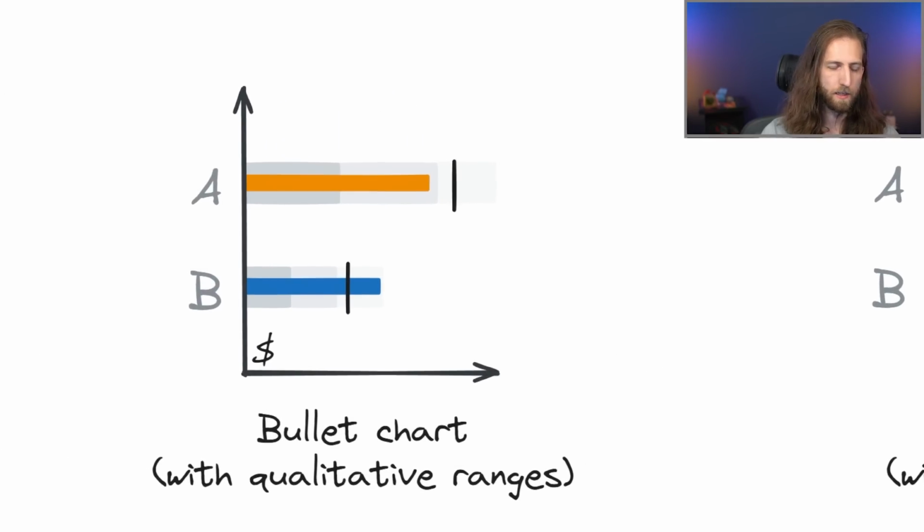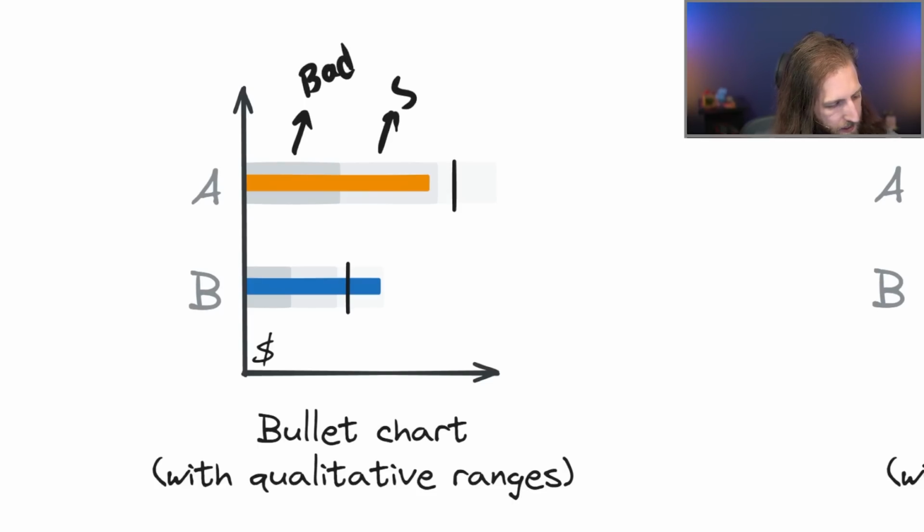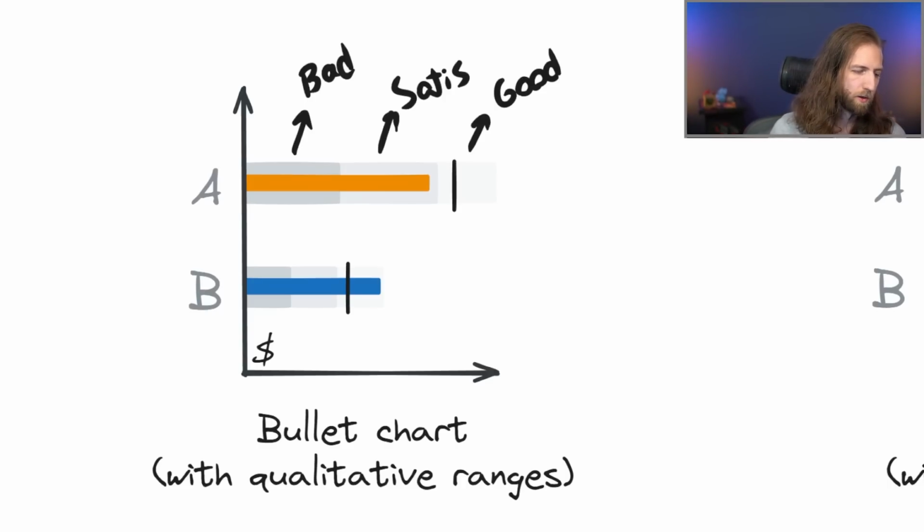So what this basically means is that we could have some areas behind the bar which indicate different qualitative performance ranges. For example, this could be very bad, this could be satisfactory, this could be good, for instance, so that we're able to get some more sentiment based on the position of the bar.